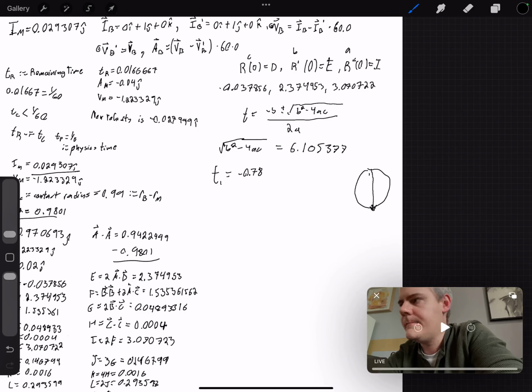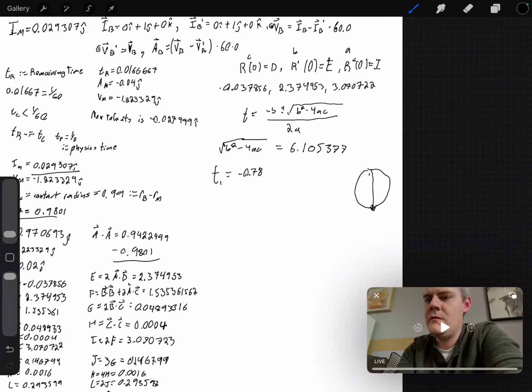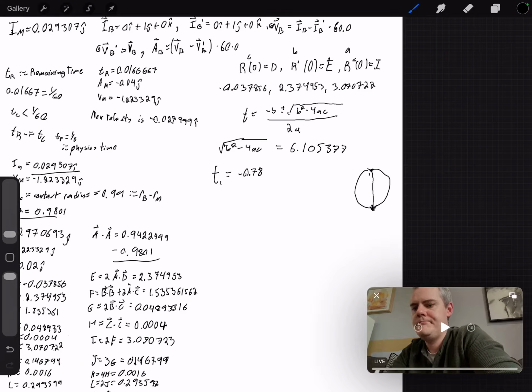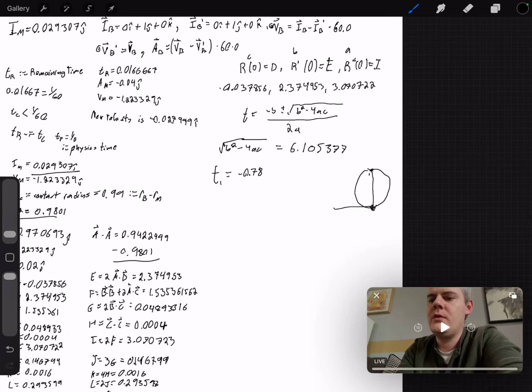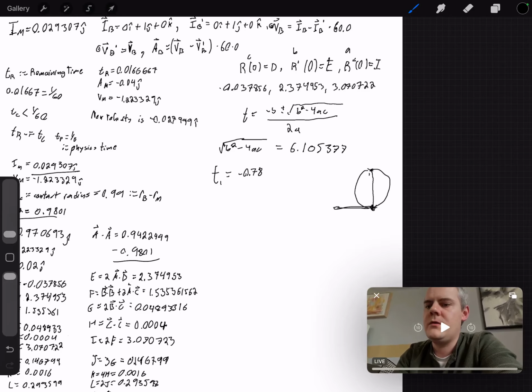But I guess the meaning of this is that back in time, I was going to hit the upper edge, I guess. Or actually, it might also just mean where it's a local parabola, it could just mean something more like that.